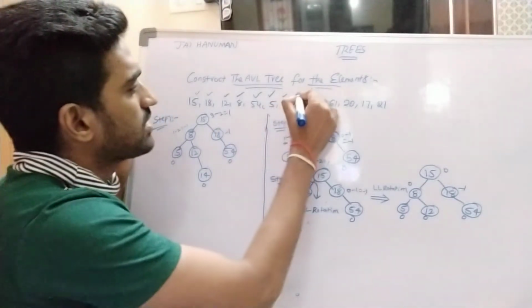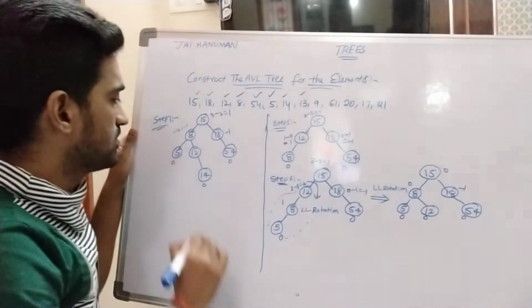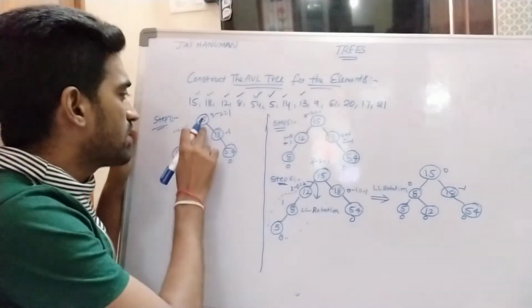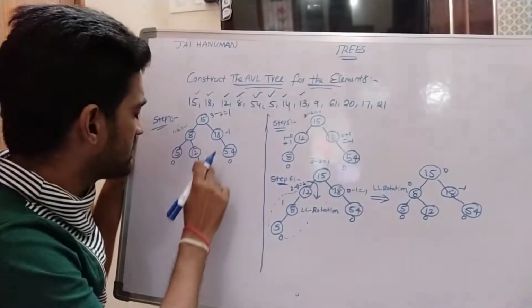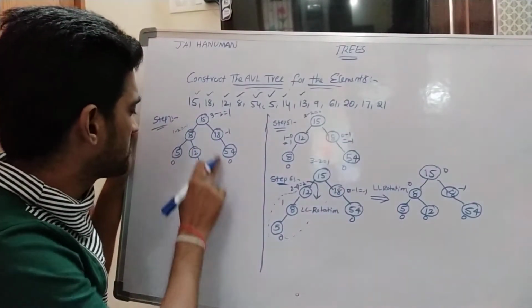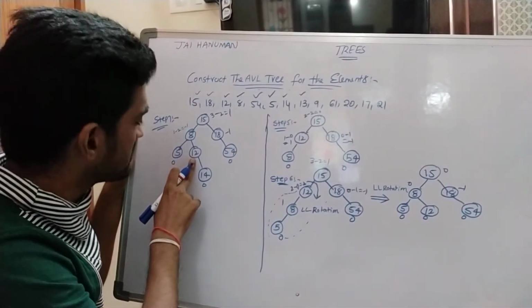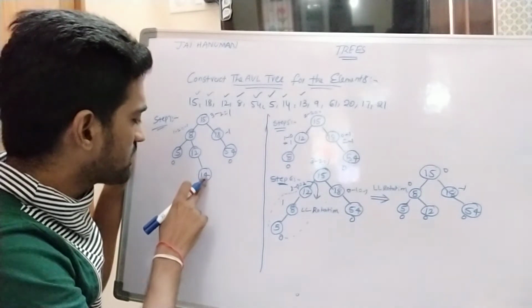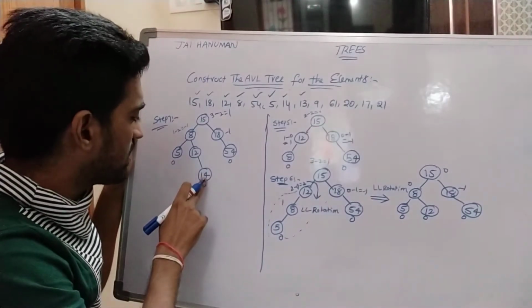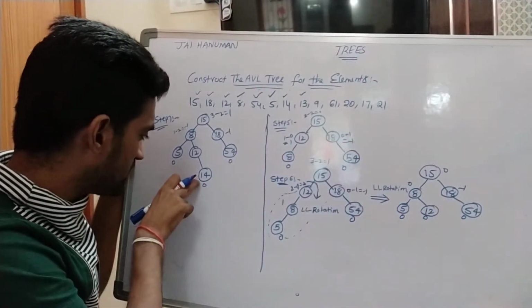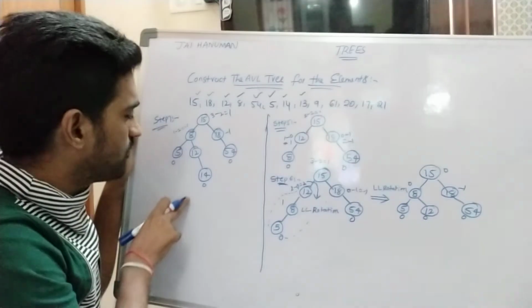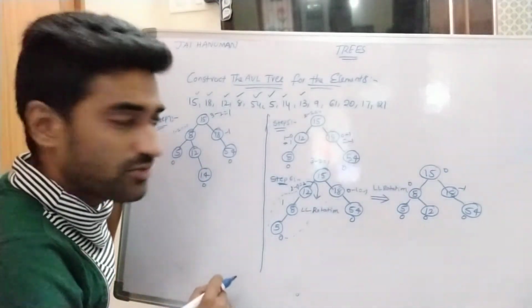Right? Again, we are inserting 13. 13 is less in value when compared to 15, so we insert in the left subtree. When compared to 8, this is greater in value. When compared to 12, this is greater in value. When compared to 14, this is less in value. So that's why we insert left of 14.